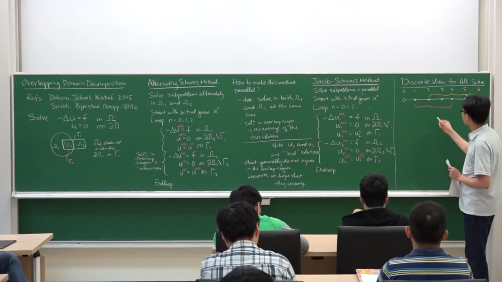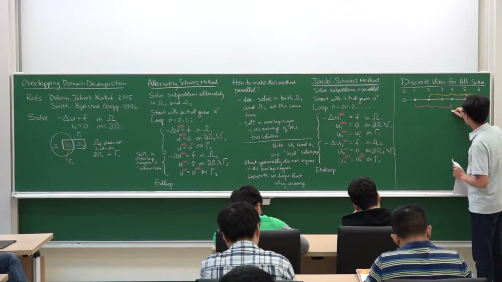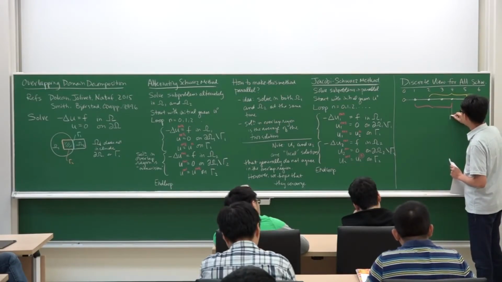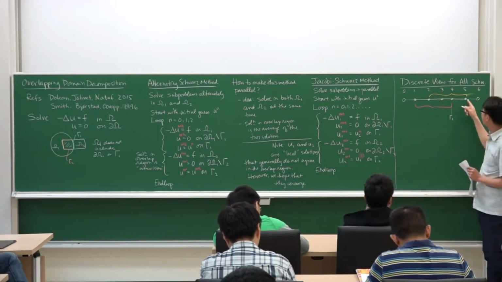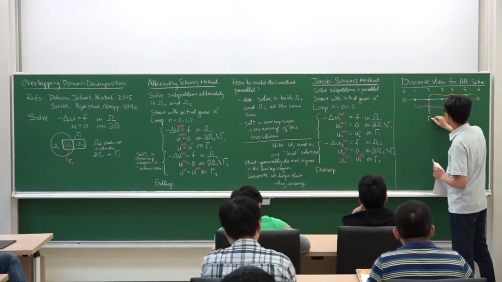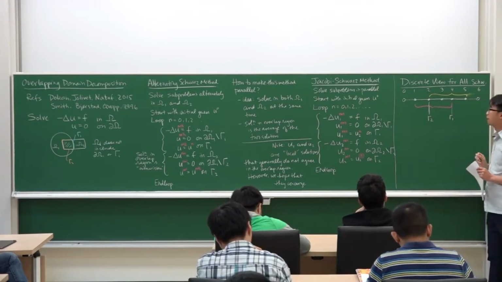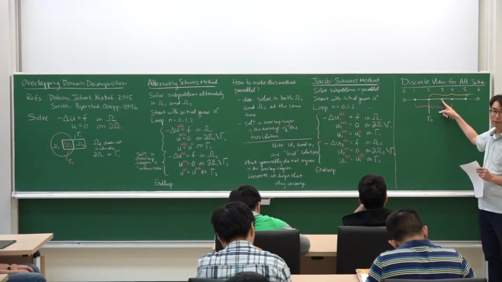Okay, so in the first subdomain, this is gamma 1. Okay, and in the second subdomain, this is gamma 2. Okay, and you can see that there is a variable, let's call it U3.